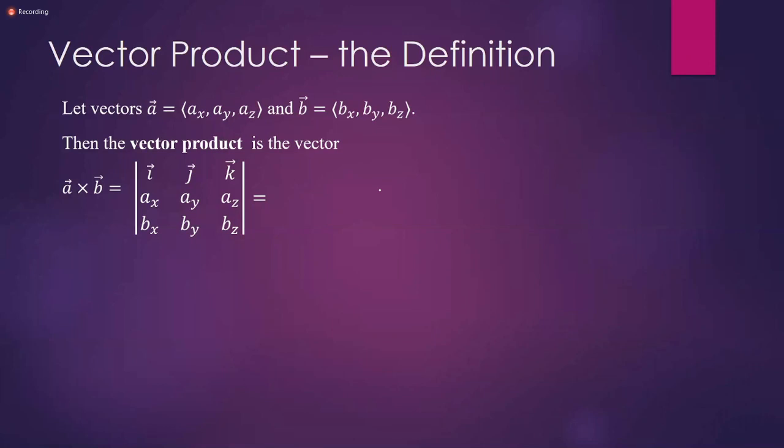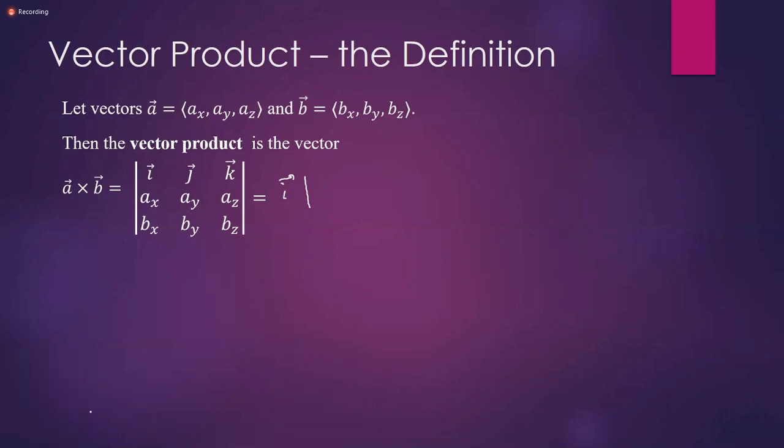What this means is, of course, that we multiply the vector i by the minor or the cofactor.